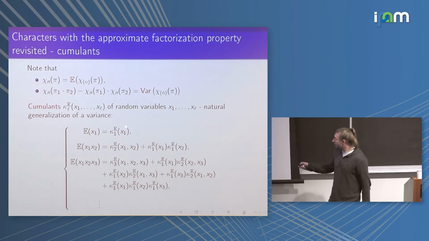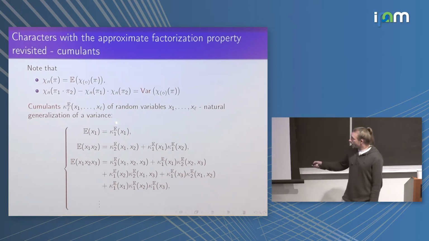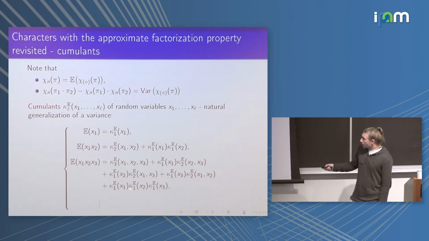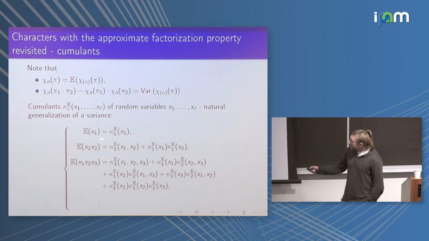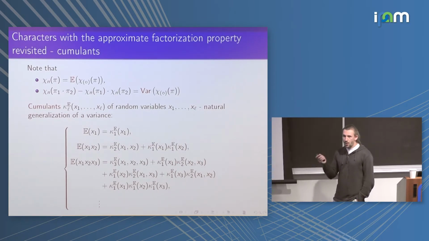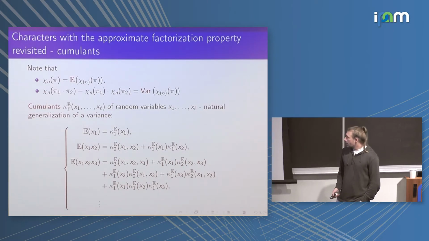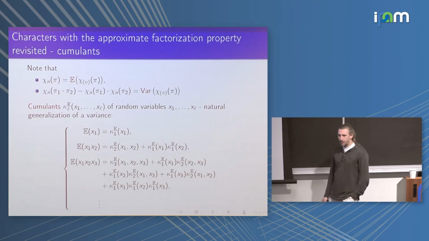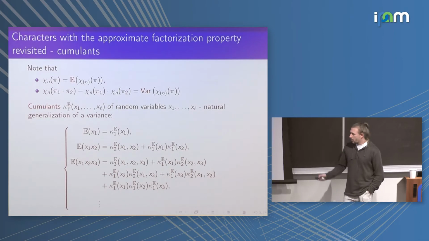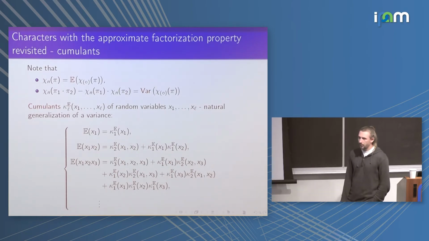So cumulant of random variables is something which is measuring discrepancy between random variables, and it's given by this system of equations which is invertible. So on the left-hand side, I just have an expectation of a product of random variables. And on the right-hand side, I'm summing over all set partitions of n, where I have n random variables, and I have a product of appropriate cumulants.